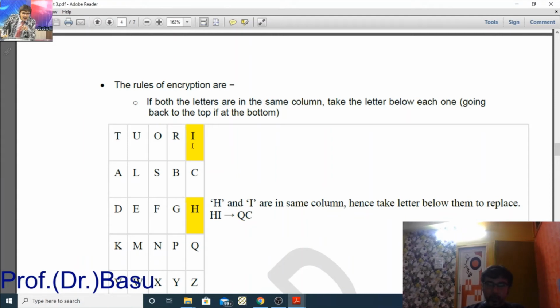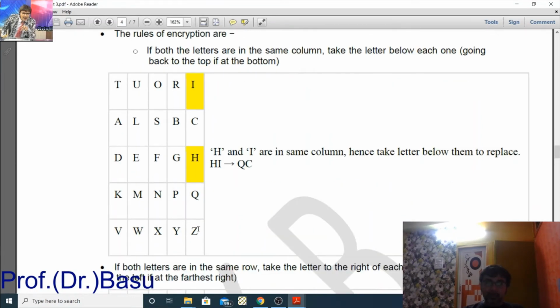So we will replace them with the character of the next row on that column. H will be replaced by Q and I will be replaced by C.